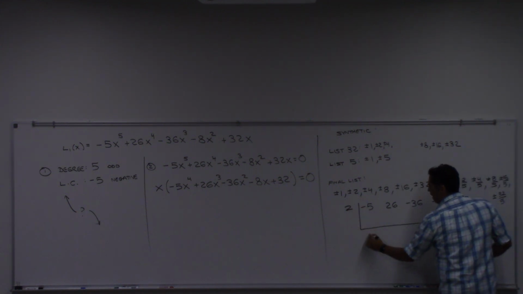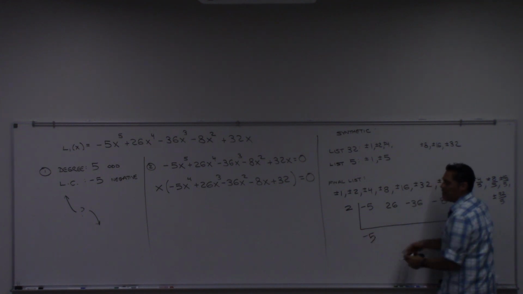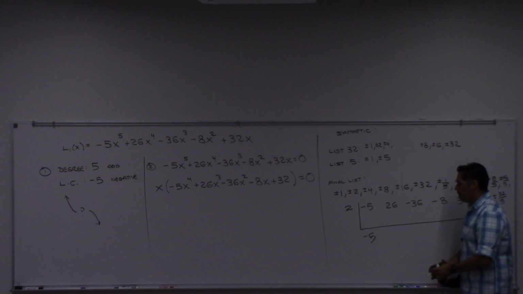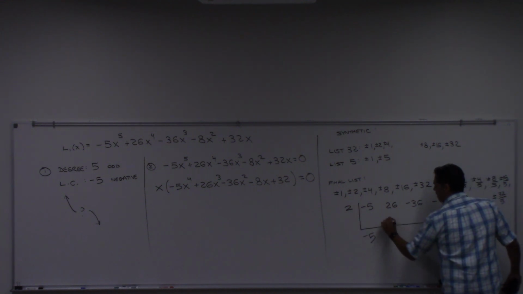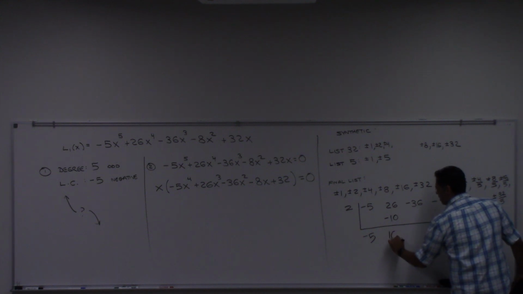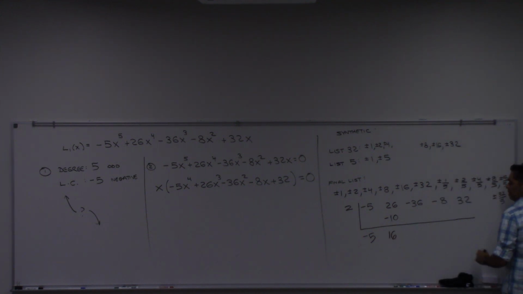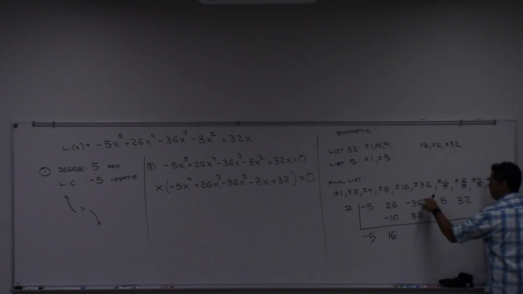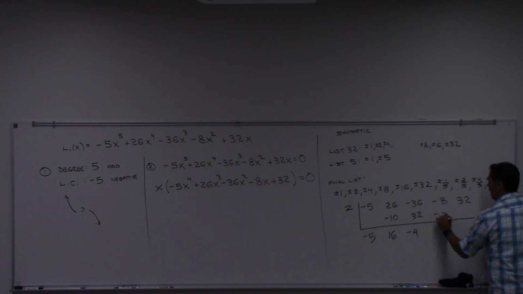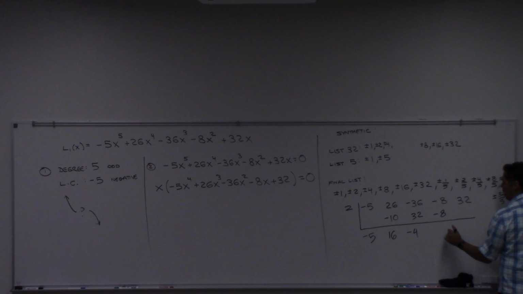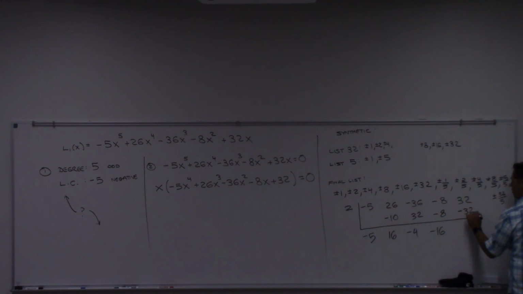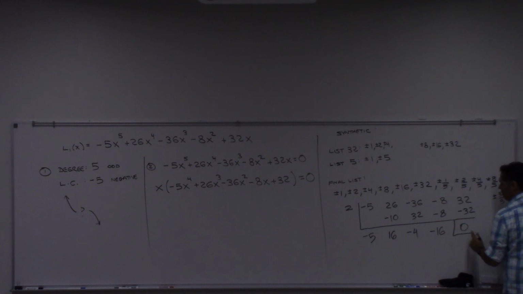So drop your -5. See, we're dropping -5 now, not a 1. 2 times -5 is -10. Add that down, we get 16, 32, -4, -8, add down -16, and then -32, and then 0.